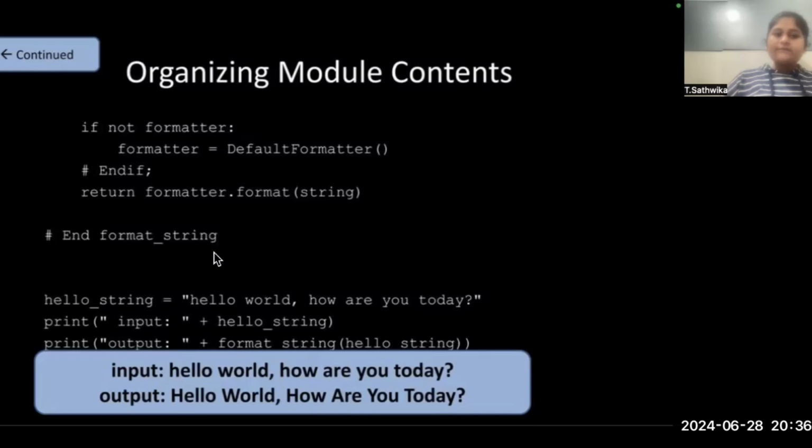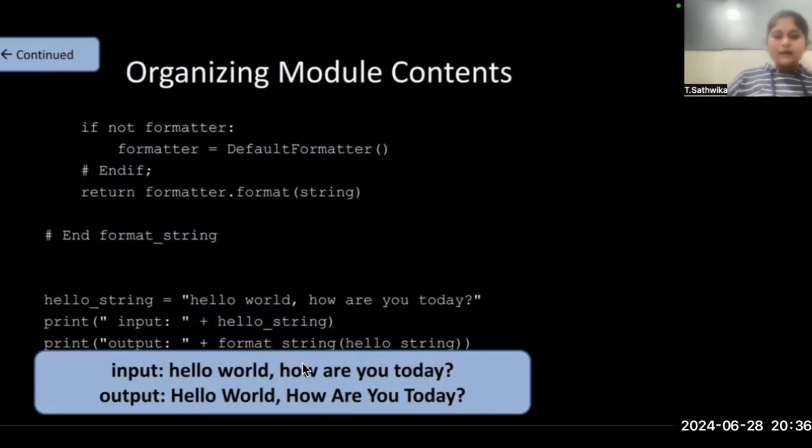And then we have to end the format_string over here. Then later hello_string is "hello world. How are you today?" Since we have printed the input of hello_string, we have concatenated this with hello_string. And for the output we have to concatenate the format_string of hello_string.